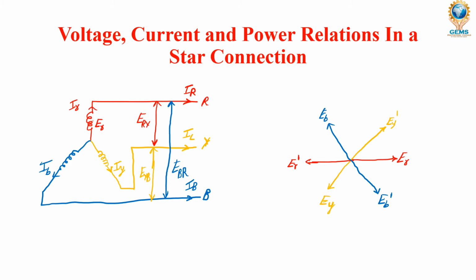So this is the current that is flowing in R phase, and this is equal to line current. IR equals Ir equals I capital R.